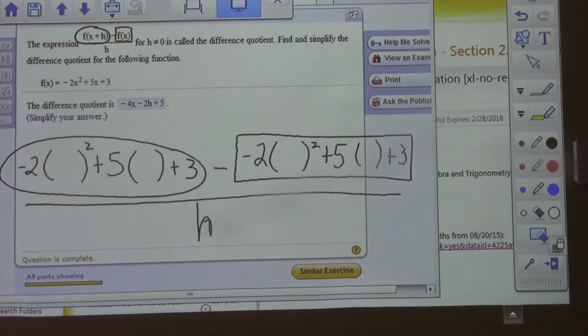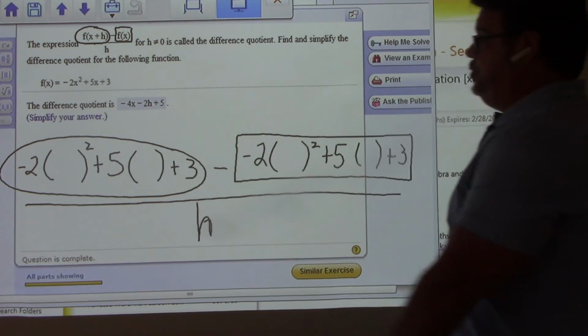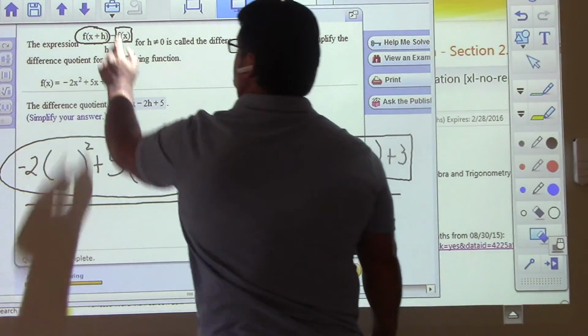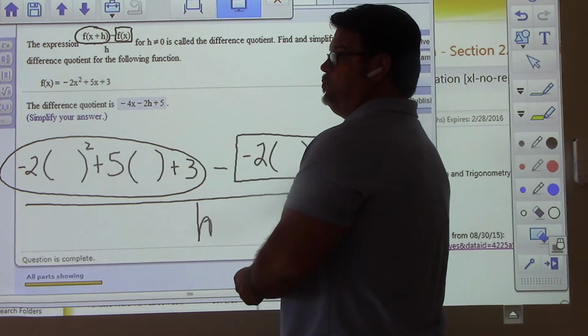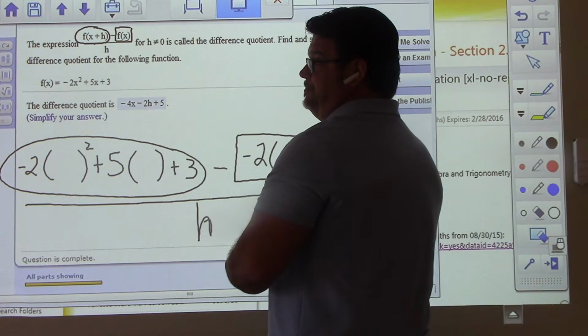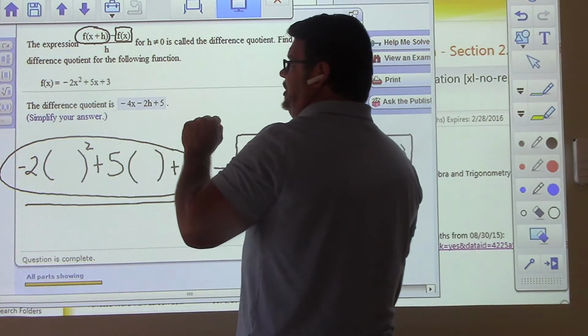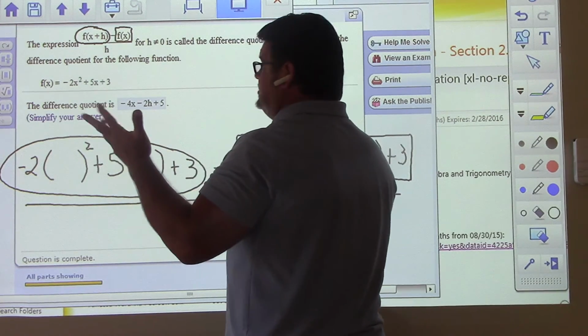Okay, now what are we going to plug into the first one? What are we going to plug into this one? Not f of x plus h, but x plus h. Come on, people.